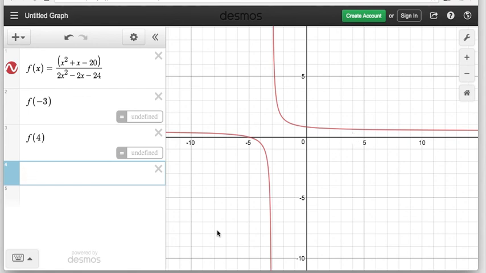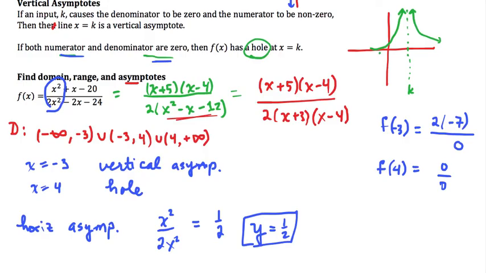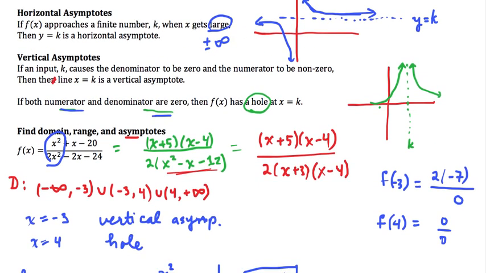Okay? Now let's look at the horizontal asymptotes that we discussed earlier. We think that the horizontal asymptote is y equals 1/2, and that's true because, and let's look at the definition again, if f of x approaches a finite number k when x gets really large, then k is the horizontal asymptote.